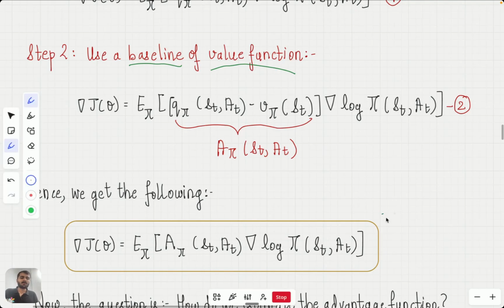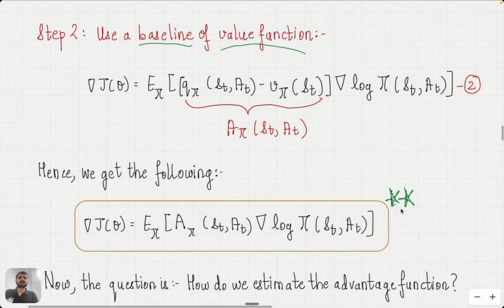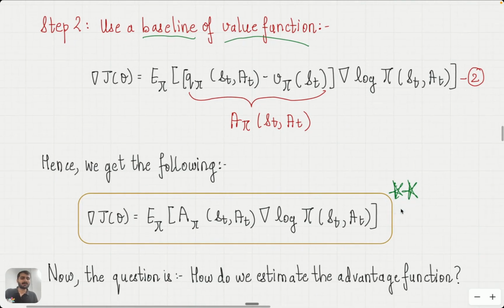And I want all of you to remember this. This is a very important formula which is referenced multiple times in all the algorithms which we are going to discuss subsequently as we move ahead. Now, the main question that we want to answer in this lecture is, how can we estimate this advantage function?